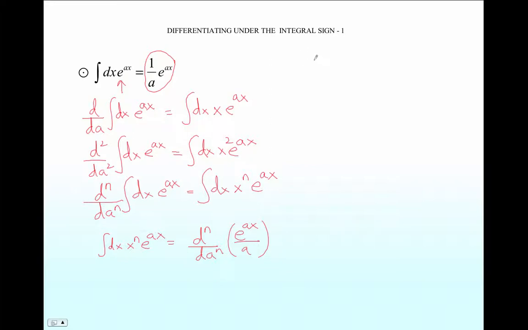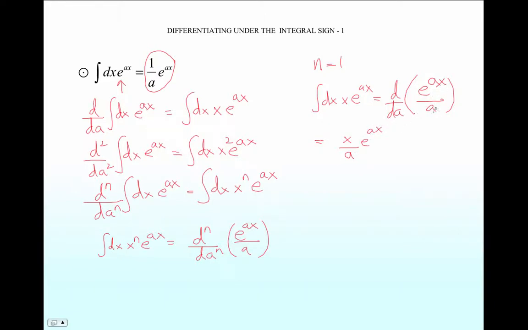For n equal to 1, we have immediately that the integral of x e to the ax is d by da of e to the ax over a. And of course, you can do this differentiation very easily. We differentiate e to the ax, and that gives us x over a e to the ax.